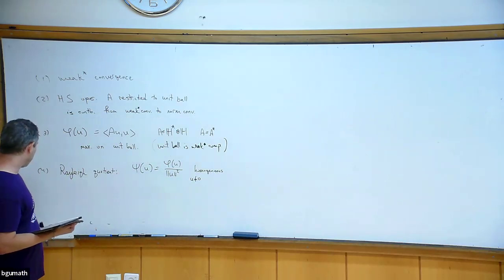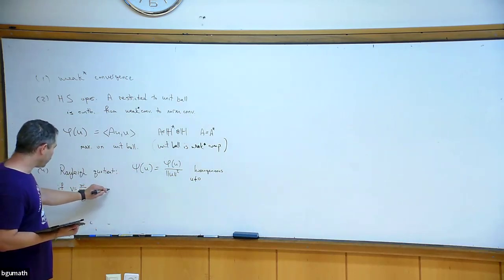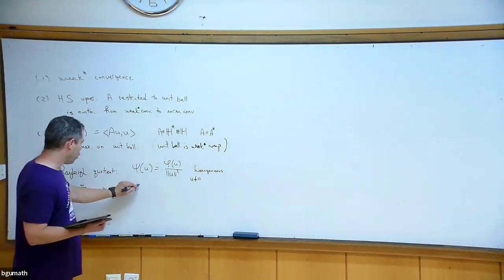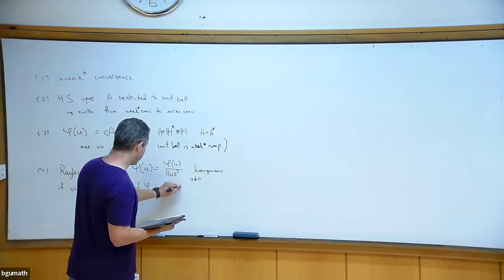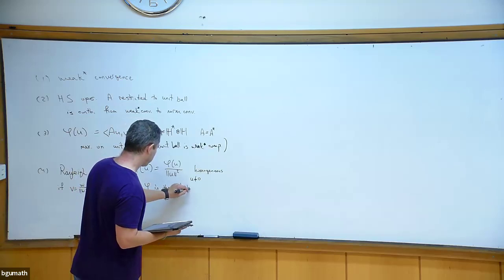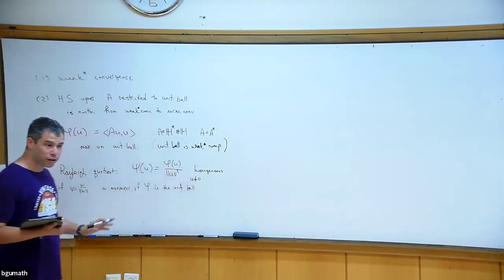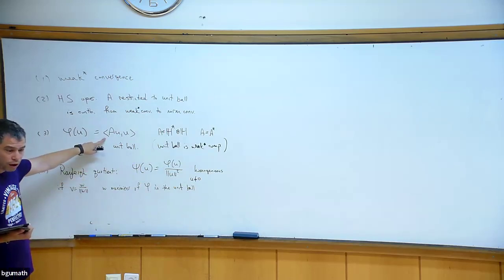And then what we notice is that if V is W normalized, where W is a maximizer of phi in the unit ball, you see, I didn't assume that W has unit length. Just some non-zero vector that's maximizing my bilinear form here.